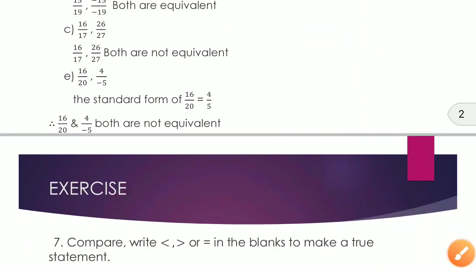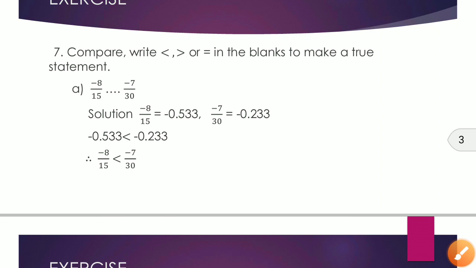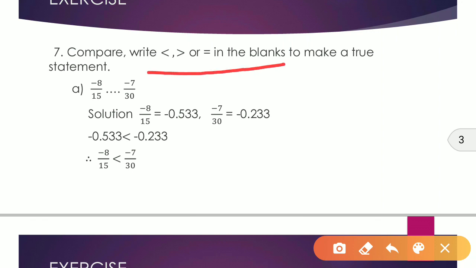Next question is, again we have to compare and use the sign greater than, less than or equal to in the blanks to make a true statement. First question is minus 8 by 15 and second rational number is minus 7 by 30. You have to compare both the rational numbers.